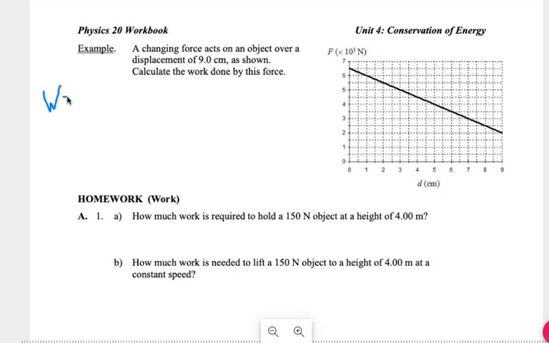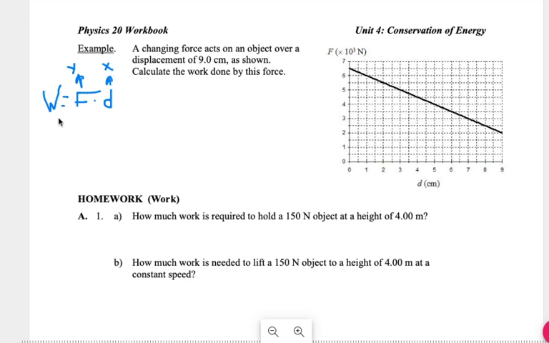Work is equal to force times distance, which in this case, force is our y-axis and displacement is our x-axis.